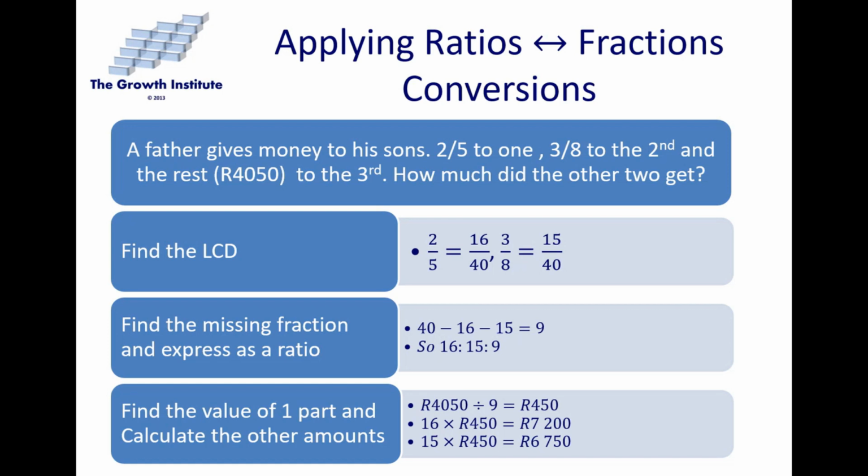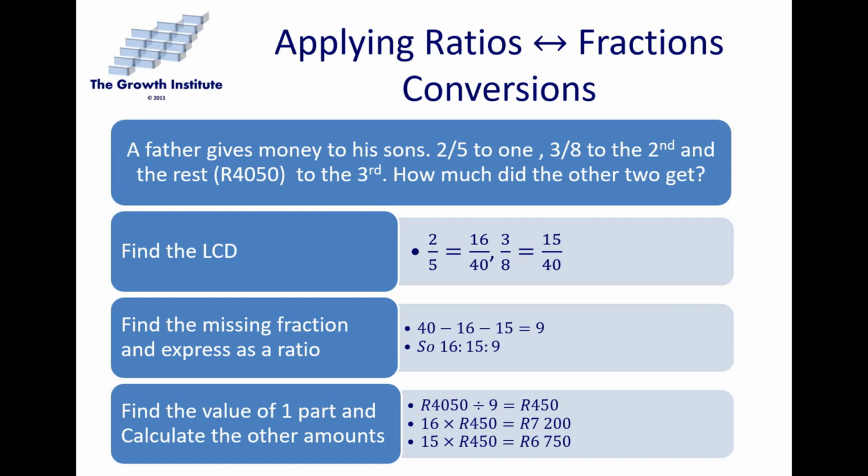Okay, now we must find the missing fraction. Okay, and how do we do that? Well, we start with the total. The total number of parts in this fraction would be 40 because that is our lowest common denominator. So 40 minus 16 minus 15 will give us 9.